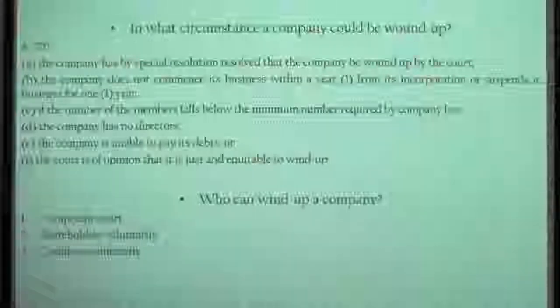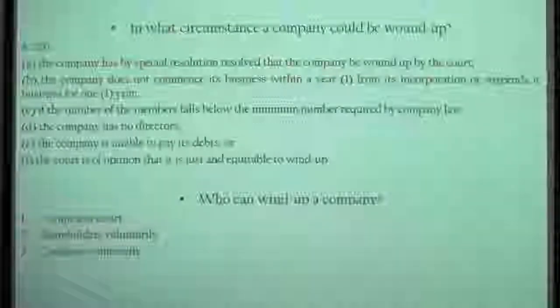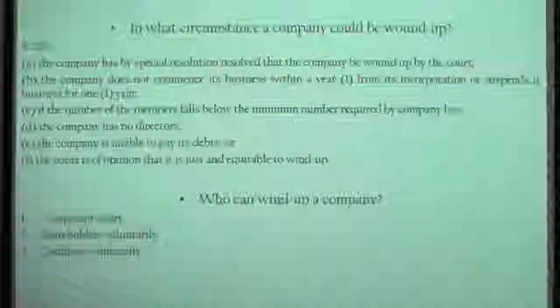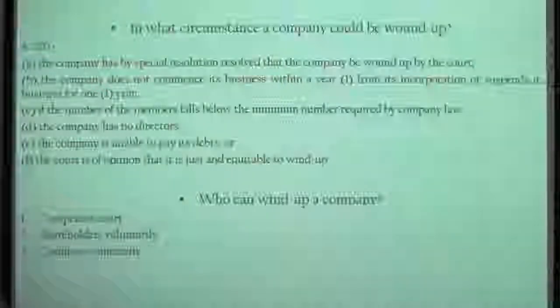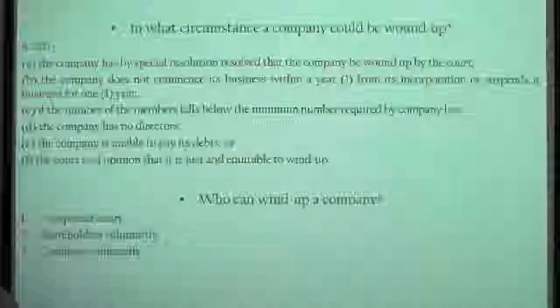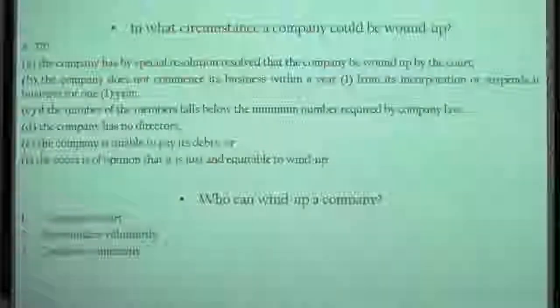Now, apart from these voluntary winding ups, there also may be situations where the competent court intervenes in a voluntary winding up, stating that the court would supervise such voluntary winding up to make sure that it is properly and smoothly handled.